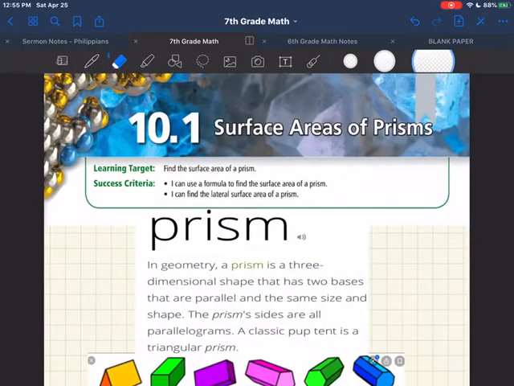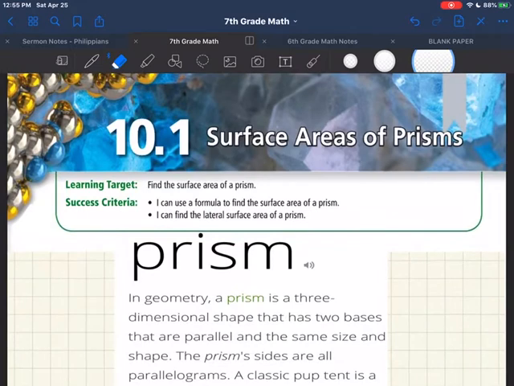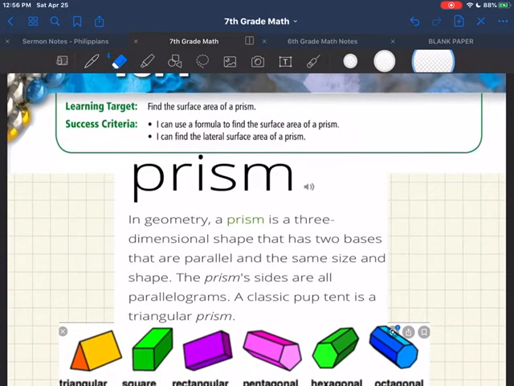For today, we're going to work on 10.1, surface area of a prism. There are different types of 3D shapes. This is a prism. So what makes a prism a prism? A prism is a three-dimensional shape that has two bases. Those two bases are parallel, and they are the same size and shape.